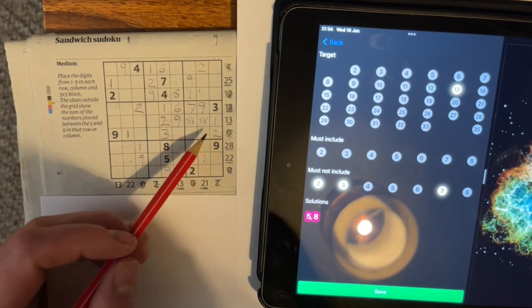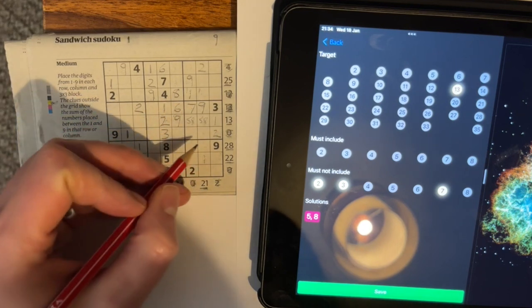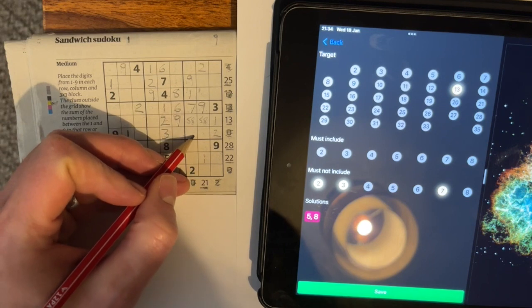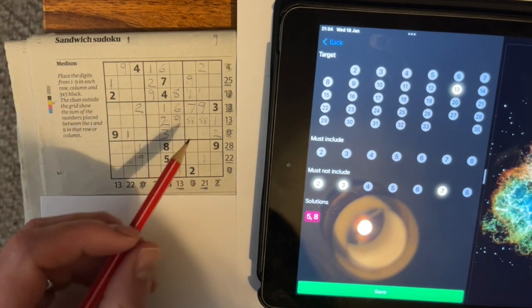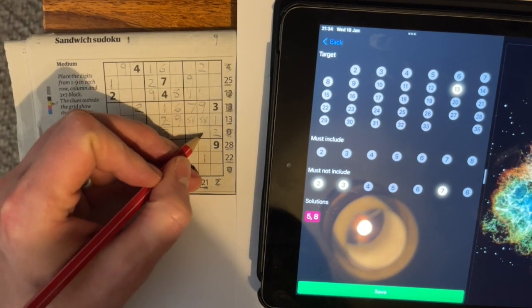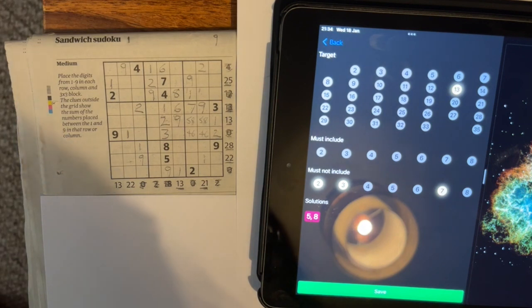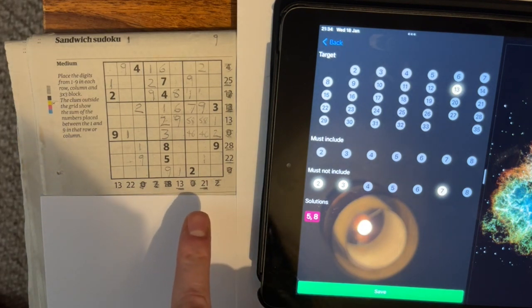So what's here is going to be 1, 2, 3. It's going to be a 4 or a 6. Those are the only ones left. So that's going to be a 4 and a 6, 4 and a 6. And now we can again see the Sandwich Sudoku clues, see if they can help us.